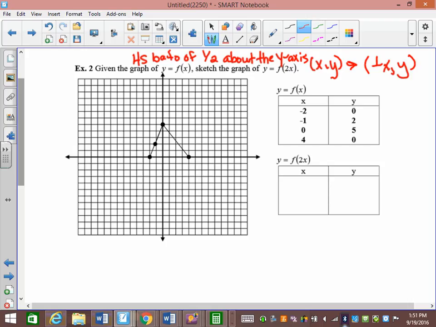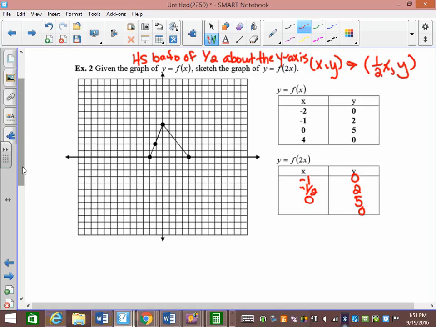Which means I'm going to get a half x. So all of these points, the y's are going to stay the same, and the x's are going to be half, right? Which means divided by 2. So all my y's are going to stay the same, 0, 2, 5, 0. And all of my x's are going to be divided by 2, or multiplied by a half. So -2 multiplied by a half is -1. -1 multiplied by a half is -1/2. 0 multiplied by a half is 0.